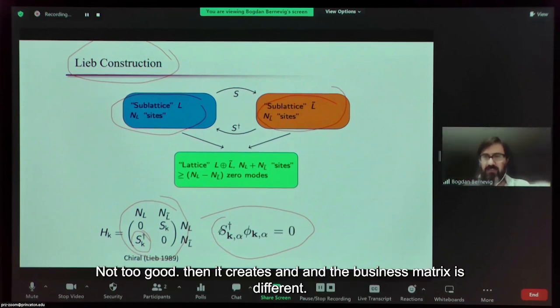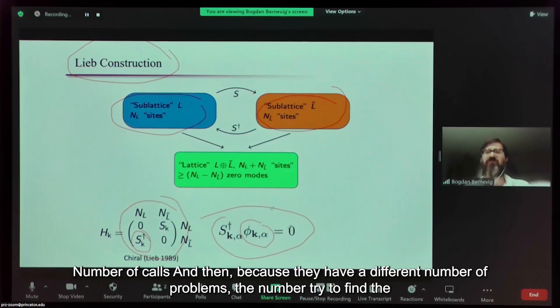So make L tilde have a smaller number of sites than L. So here the number of rows is L tilde, the number of constraints is L tilde, but the number of columns is L. So this clearly has fewer constraints than variables. So you can always find a null vector. Okay?